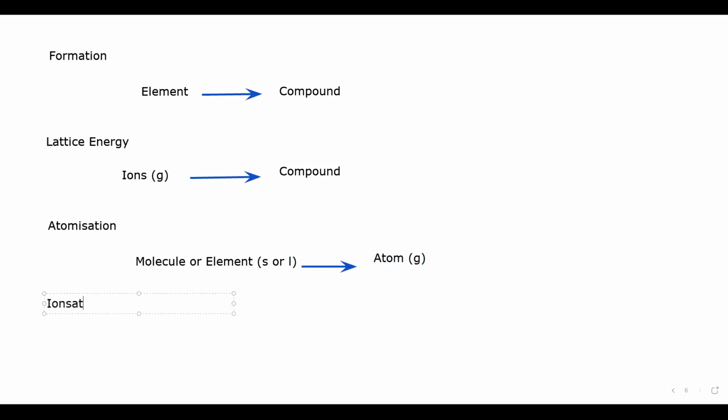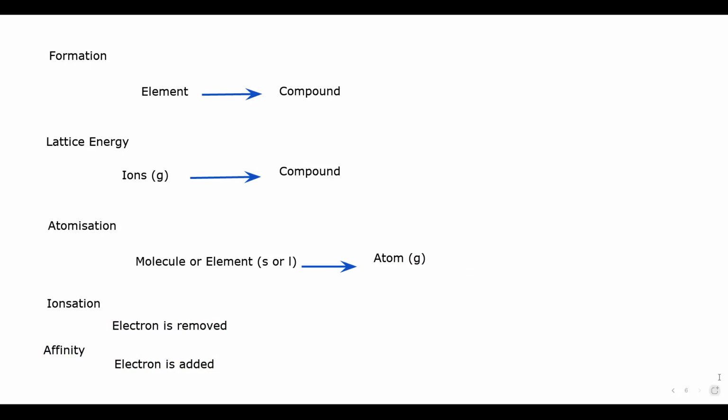Ionization, when an electron is removed, and affinity, it is when an electron is added. So these are some definitions which you have to recall before using a Born-Haber cycle.